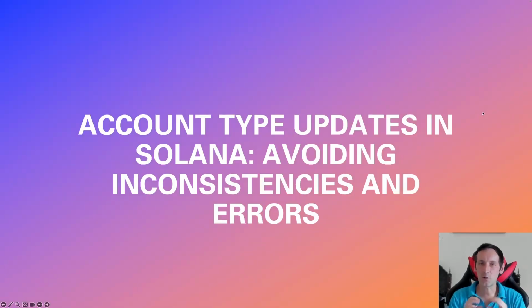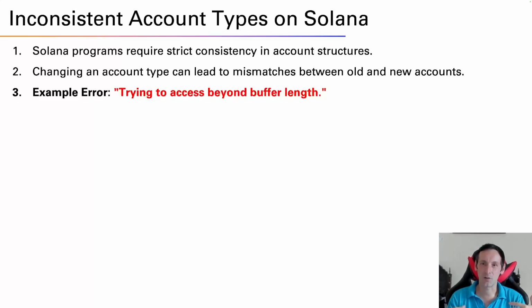Right. So now we're going to switch gears very quickly. Just a brief stop at things to avoid. I made a mistake when I was developing my Solana contract, and one of the things that I did was this. When you update account types in Solana, you must be careful to manage consistency.